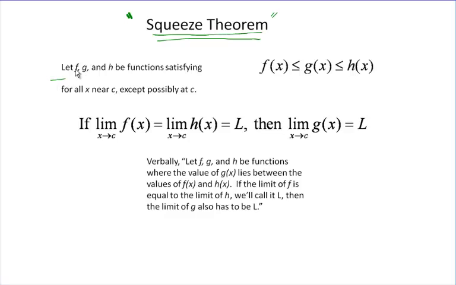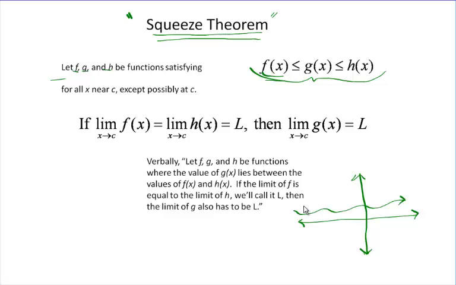Let the functions f, g, and h satisfy this relationship. In the plane, for us visual learners, what this says is that all of the outputs on the function f lie in the plane everywhere below or equal to g.